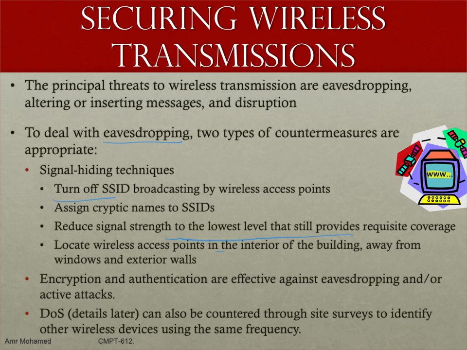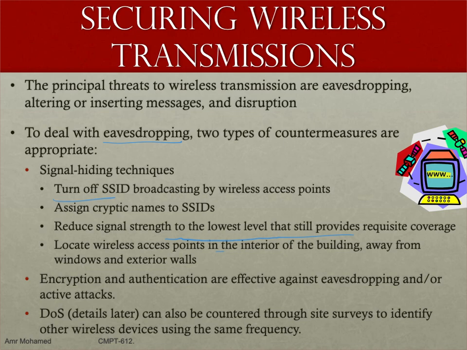So this is about using some special information to secure the network. Encryption and authentication are also effective, of course. This is the other thing, and for that we will study all the protocols, WEP, WPA, WPA2, as part of this chapter, but possibly next lecture. Denial of service can also be countered through site surveys.